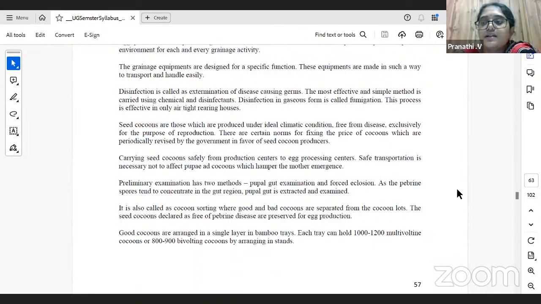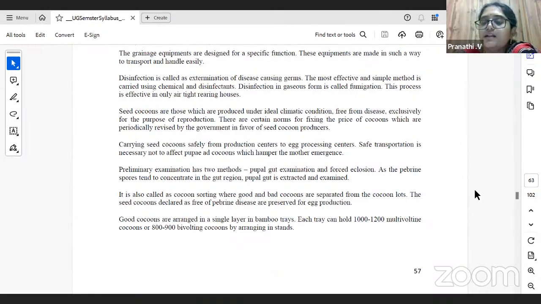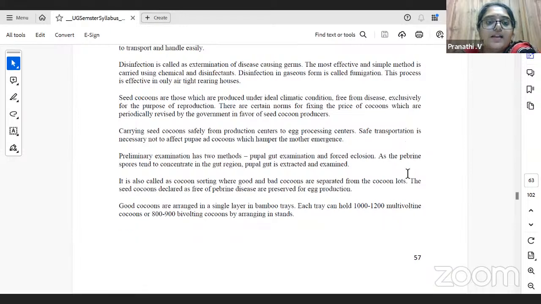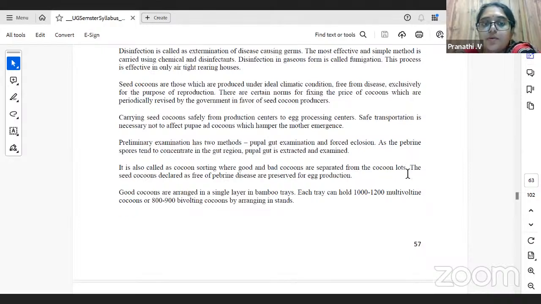What kind of disinfection is necessary for maintaining disease-free conditions and eliminating disease-causing germs? Seed cocoons produced under ideal climatic conditions are usually used for reproduction, and there are certain norms and conditions necessary for fixing the price of the cocoons, and the government usually favors the seed cocoon producers.